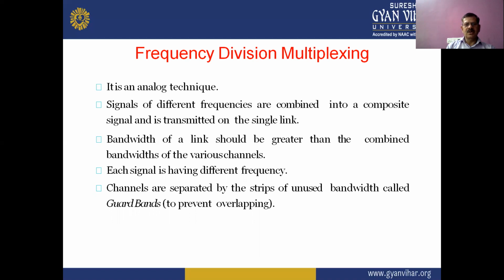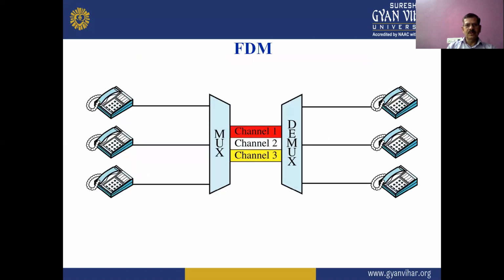So the function of the guard band is to prevent overlapping. That is the frequency division multiplexing system.